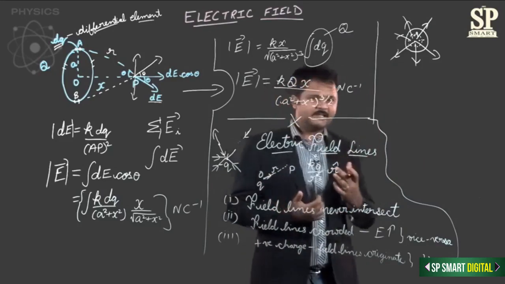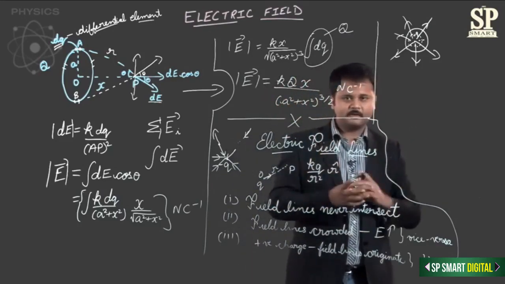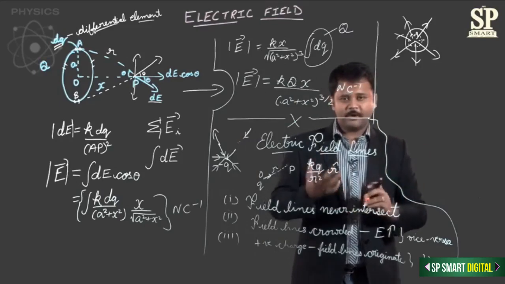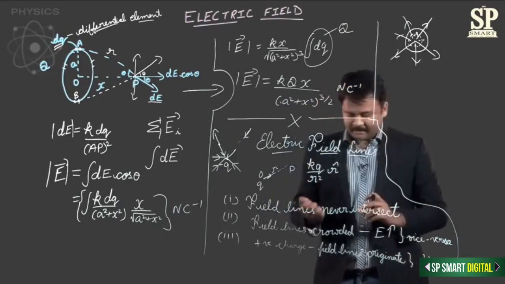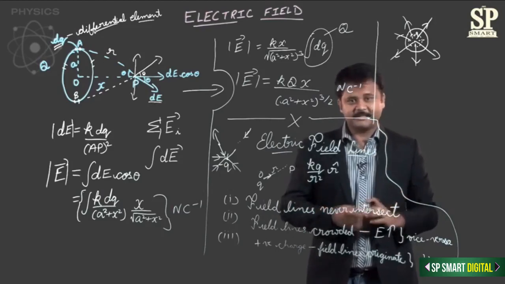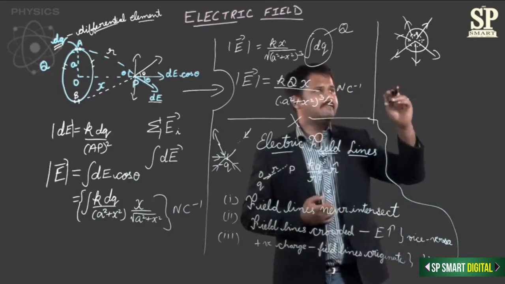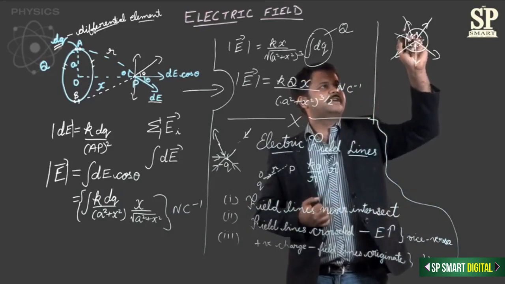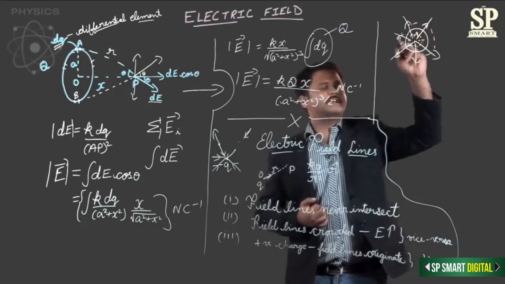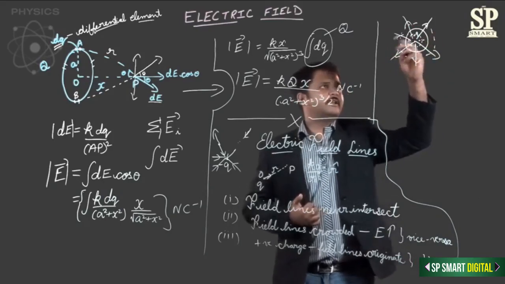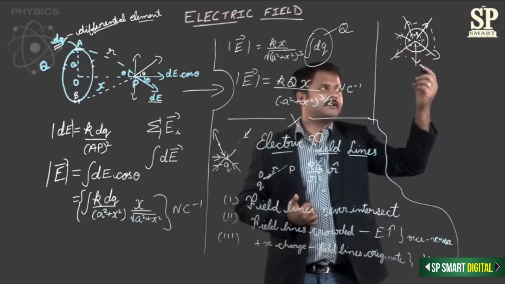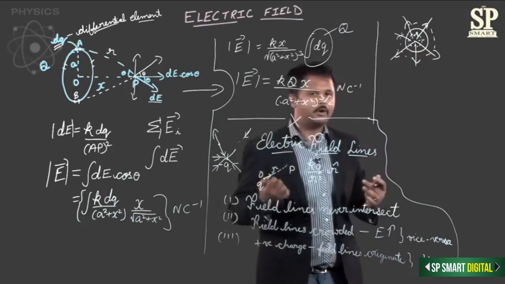So as the distance decreases, the electric field lines should become more crowded because they have to depict that the electric field strength has increased, right? That is why if you take concentric spheres and increase the radius, the lines will become less and less crowded, and if you decrease the radius, they will become more crowded.